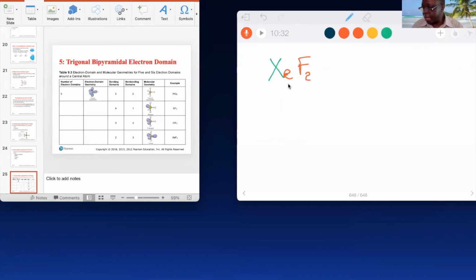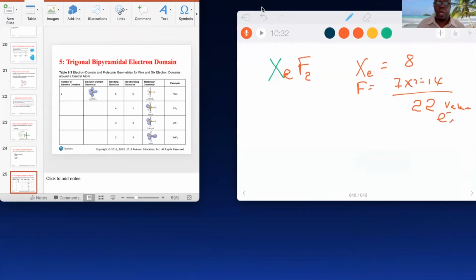So if we do that, xenon is in group 8, so we have 8 valence electrons. Fluorine is in group 7, so 7 times 2 is 14. If we add 14, this will be 22 valence electrons. It's hooked up to the central atom like that.